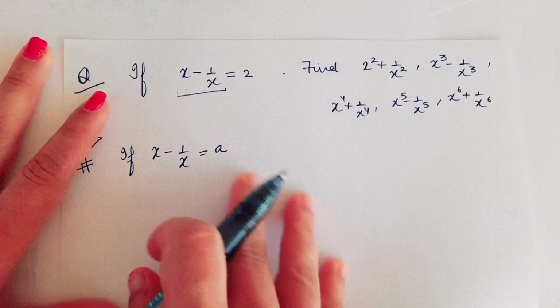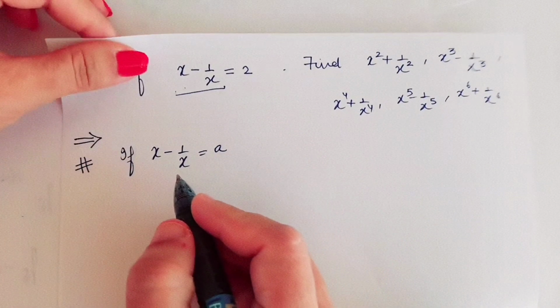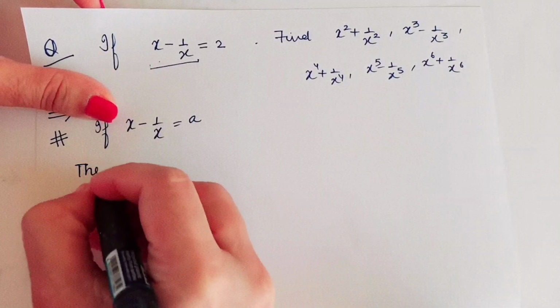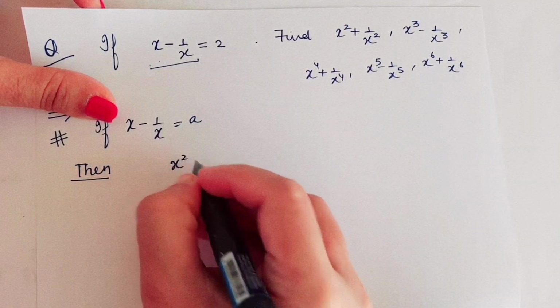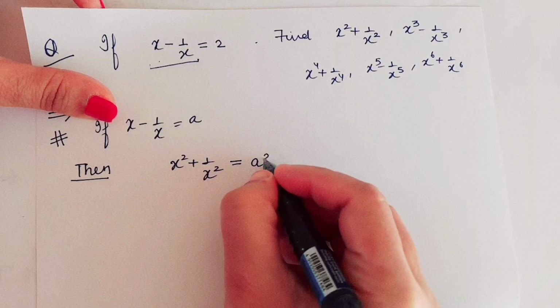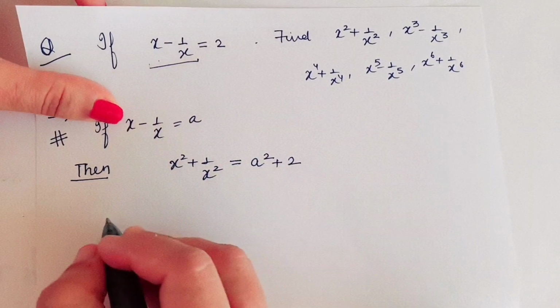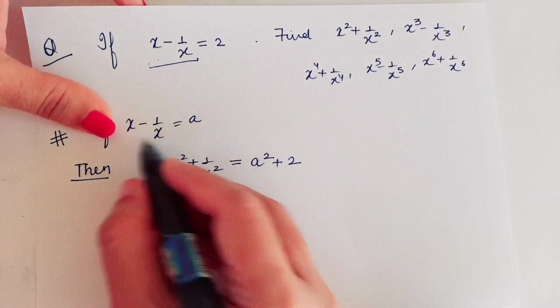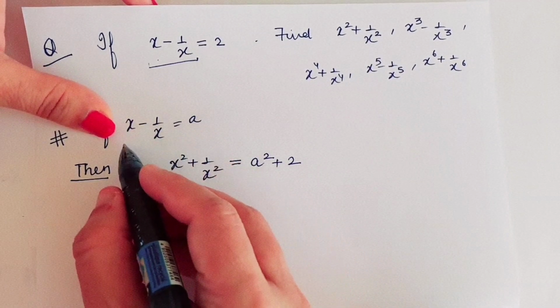Okay, so here if x minus 1 by x is equal to a, then x square plus 1 by x square is equal to a square plus 2. And how did we get that? By squaring both sides. If you square both sides, you will get x square plus 1 by x square minus 2, and this is a square.